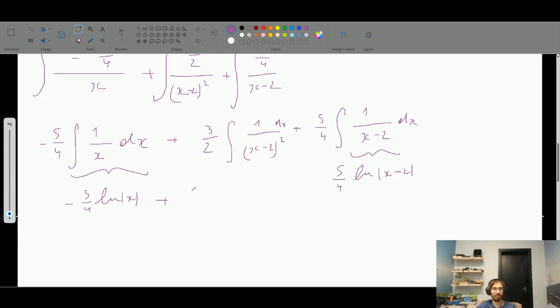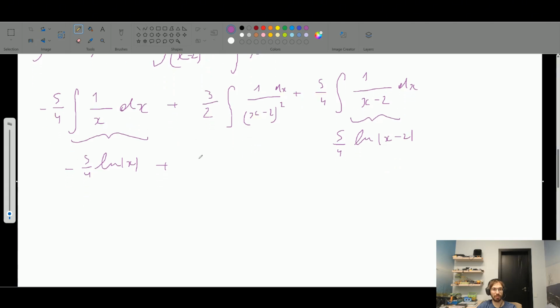But we have the middle integral, which is a bit more difficult to solve since you have a square here and you cannot say that on top this is the derivative of the bottom. So a small note on how to solve those parts.